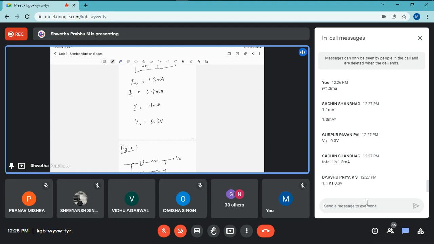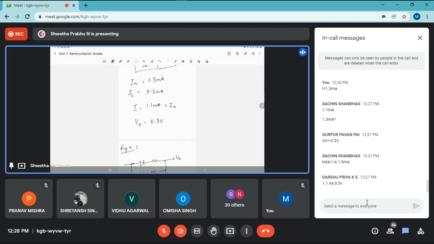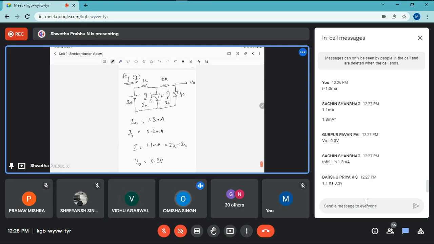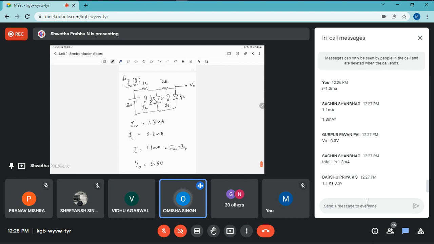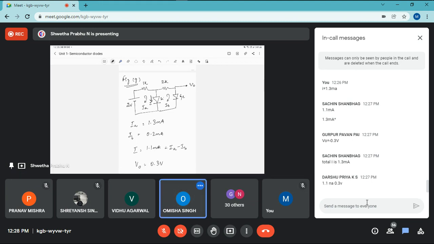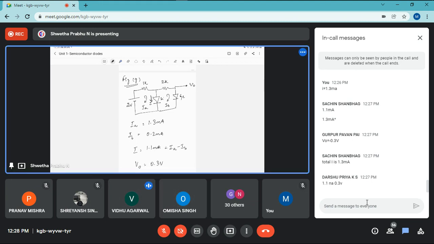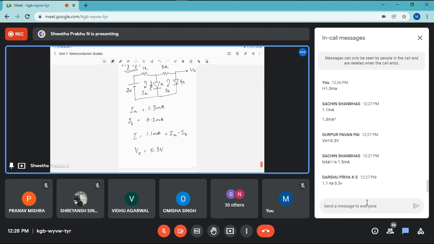What is your problem? Total current is 1.3 milliampere and how is it I minus IB? Across the middle silicon diode is 1.1. Yes, ma'am. Correct. Loop currents are 1.3 and 0.2.